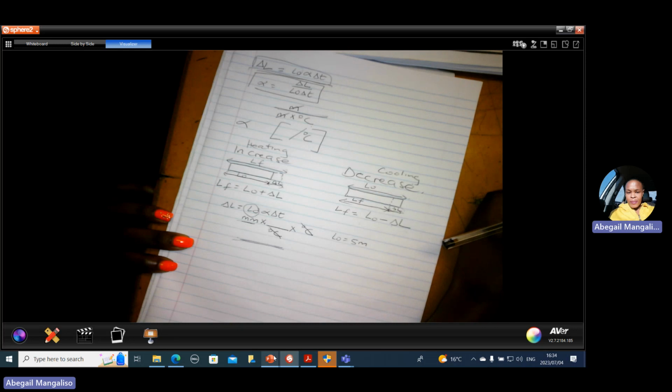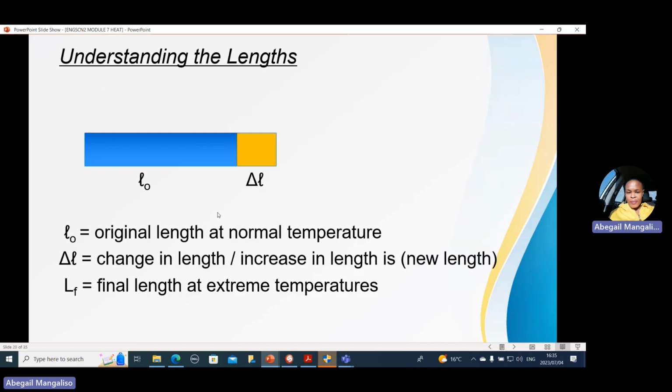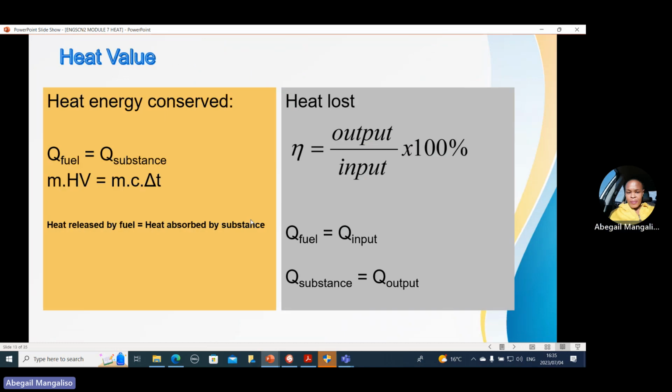And you are also given temperatures of 20 and 400. So T1 is 20 and T2 is 400 degrees Celsius. It's copper type of material. So we're going to get alpha from the table, the linear coefficient of expansion of copper.